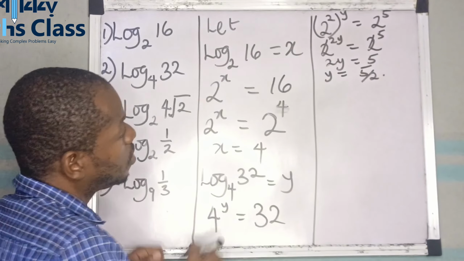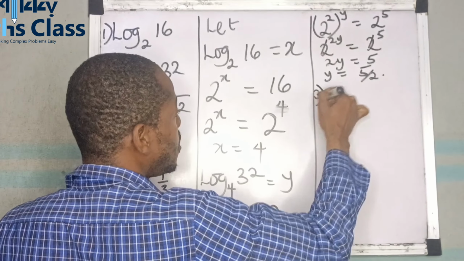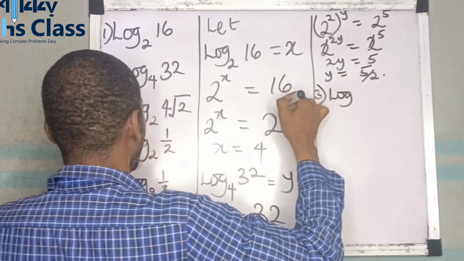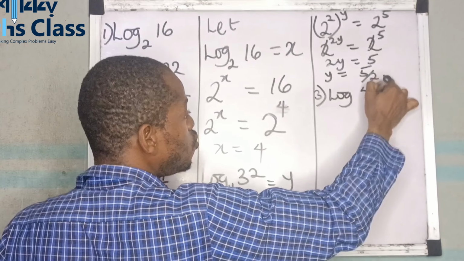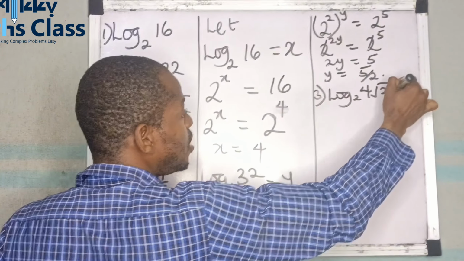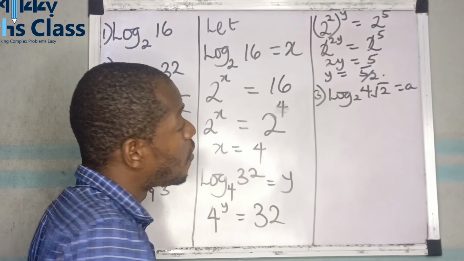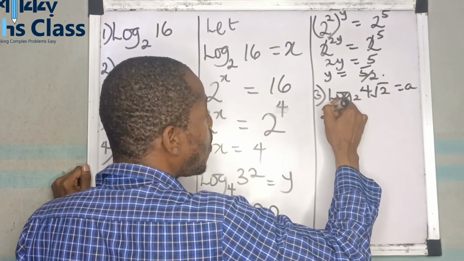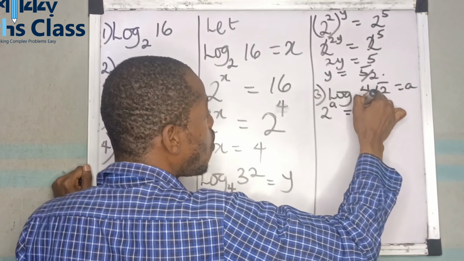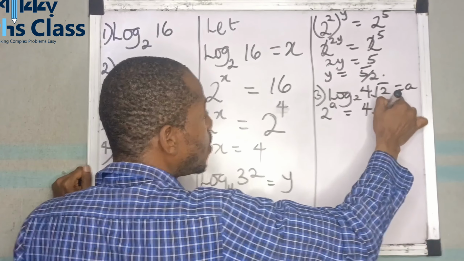Logarithm of, let's do the same thing, number 3. Log of 4 root 2 base 2, let it be equal to, let's call it a. That means 2 to the power of a equals 4 root 2.